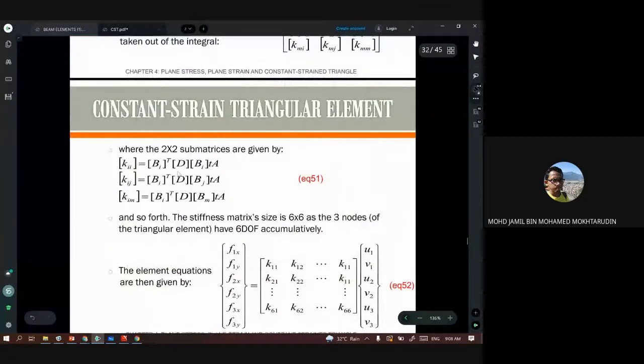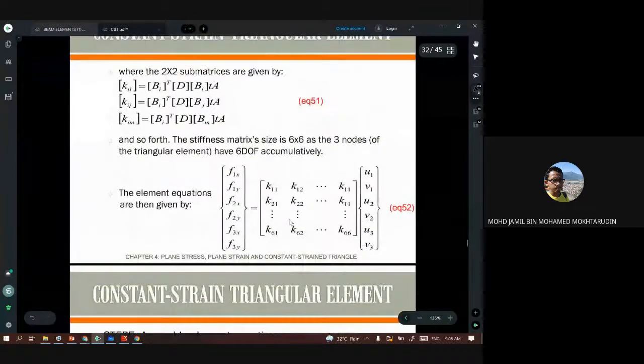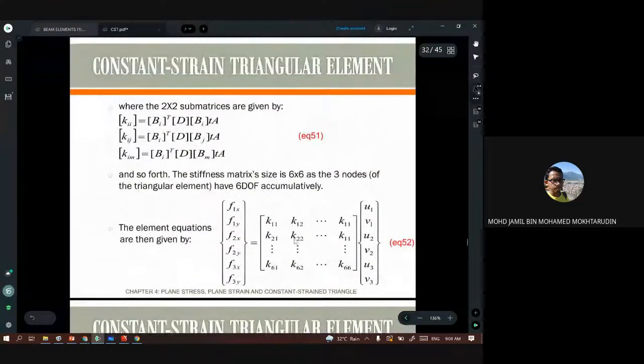Maybe next week, I will show you how we can use this K when there is more than one triangle. We can superpose this K similar to the K in truss element and also in beam element.